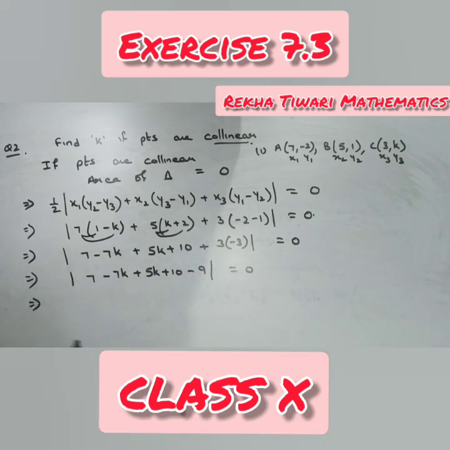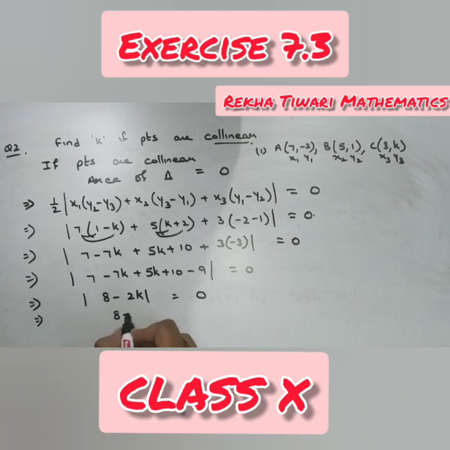And this further implies, see if you solve this, 10 plus 7 is 17, 17 minus 9 is 8. 8 - 2k is equal to 0. Now remove this mod symbol.